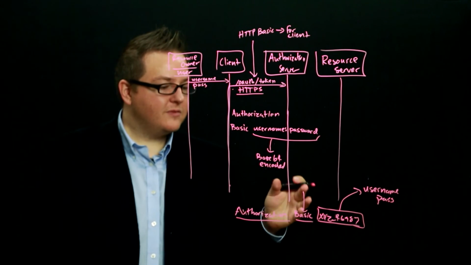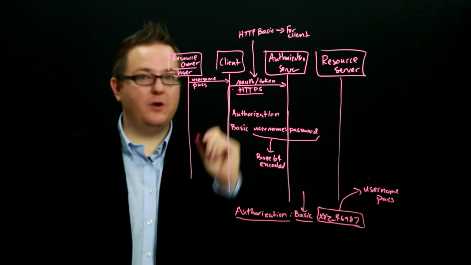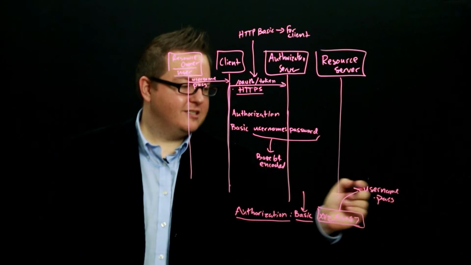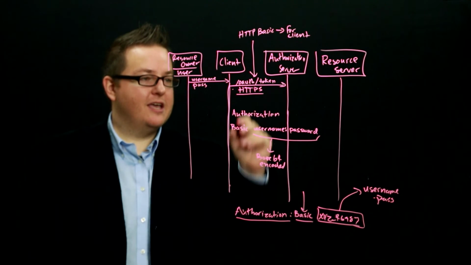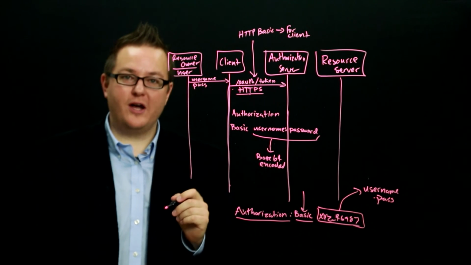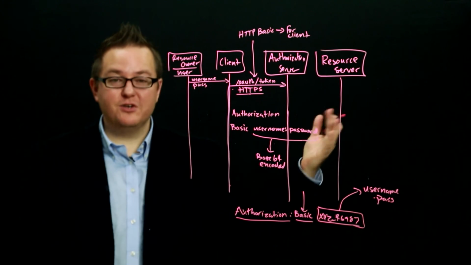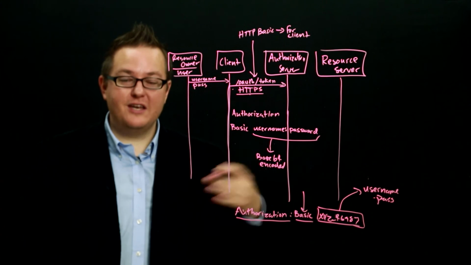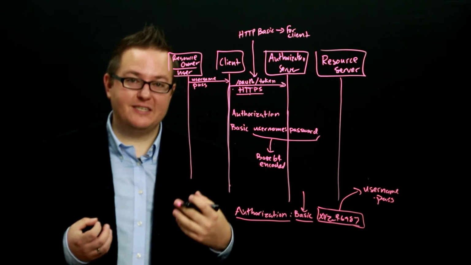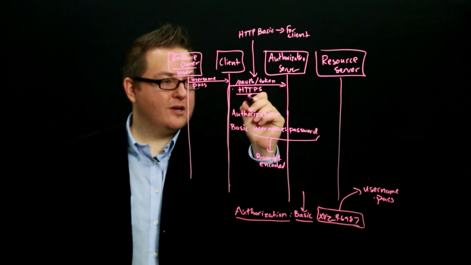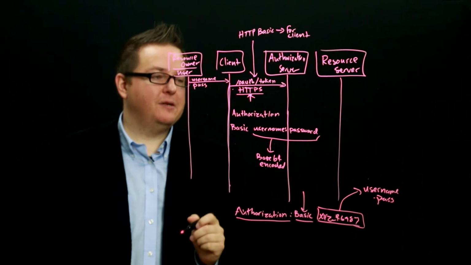Now, you can see why it's so important that this run over HTTPS. This is being sent in plain text. If you don't protect these requests that have basic authentication with HTTPS, you're essentially sending your username and password over the network where anybody could intercept it and see it. So it's really critical that this always go over HTTPS.